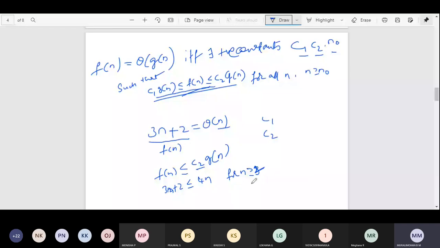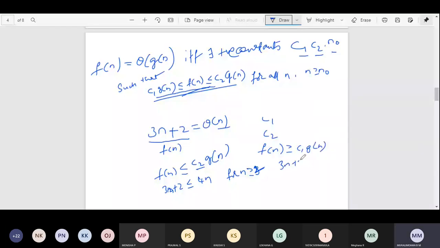So 3 into 2, 6 plus 2, 8 is less than or equal to 4 times 2, which is 8. Equal to is there. It works, right? And what is the next one? If you are proving f of n is less than or equal to C2 g of n, then we should prove that f of n is greater than or equal to C1 g of n, right? So how to prove here?